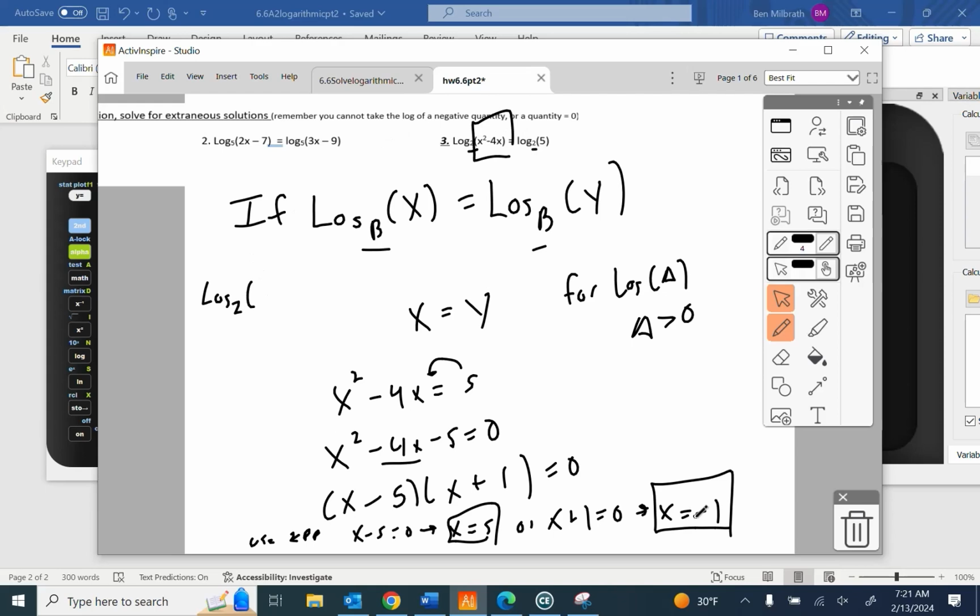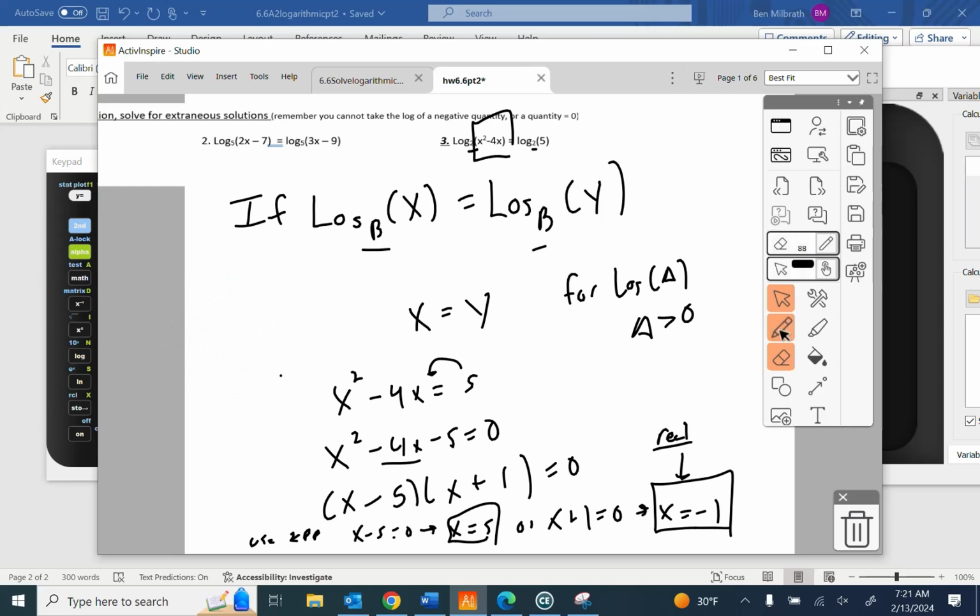Log base 2, if I let x be negative 1, I think I'm okay. I end up with log base 2 of 1 plus 4, log base 2 of 5, and 5 is bigger than 0. So this one is definitely a real answer, for sure. 100% real.